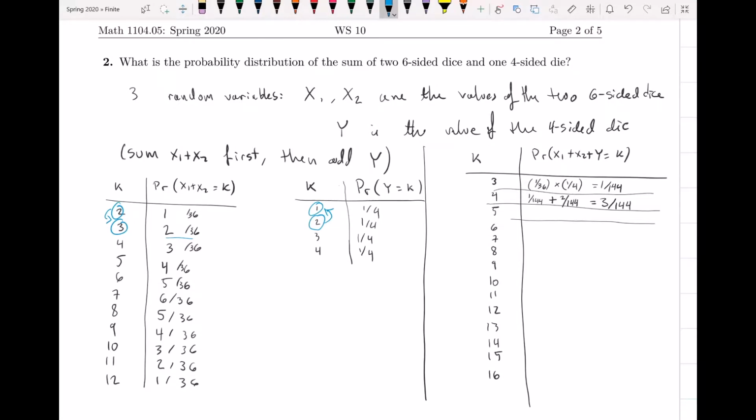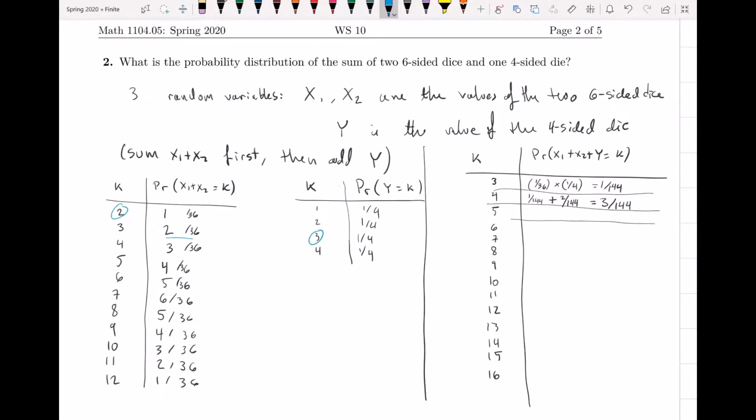Let's do 5, and then we'll skip to 10. For 5, again, we could start with 2, and then we would need 3 over here.